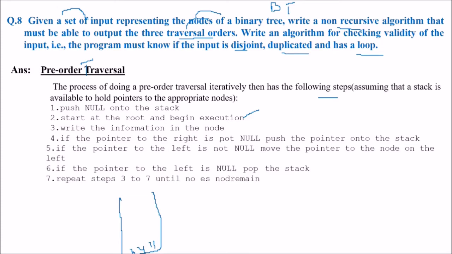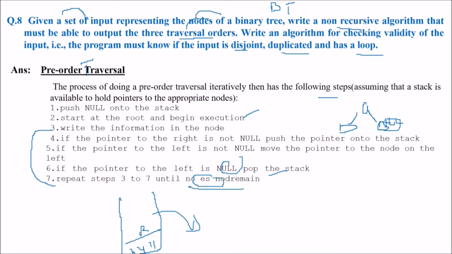If the pointer to the right is not null, we push the pointer onto the stack. If the pointer to the left is not null, we move the pointer to the node on the left, and if the pointer to the left is null, we pop the stack. And we repeat steps 3 to 7 until no node remains.